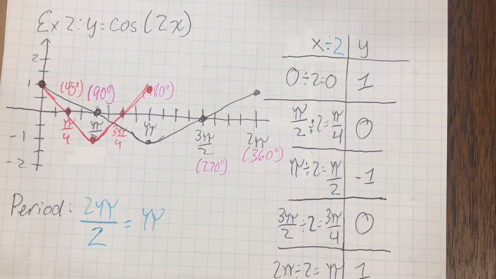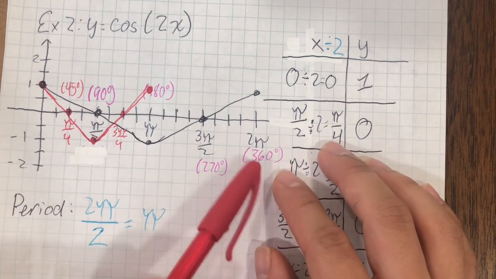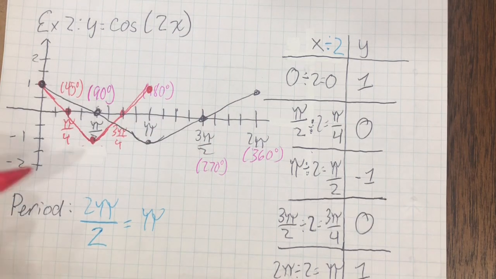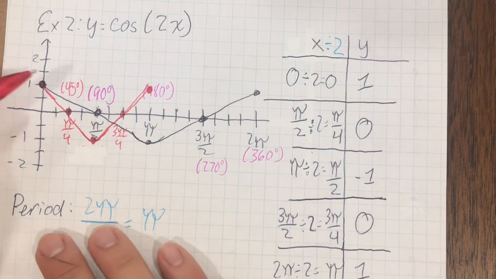So for this example, instead of ending at 360 degrees, we ended at 180 degrees. But what if I wanted to see how the graph looked from 0 to 360 degrees? Well, what I can do is I can keep going by repeating the pattern.